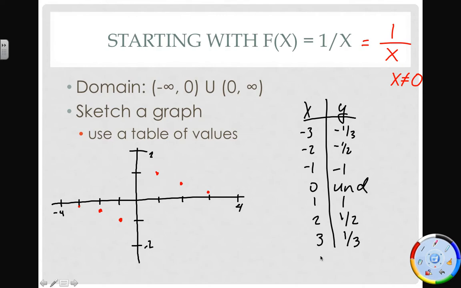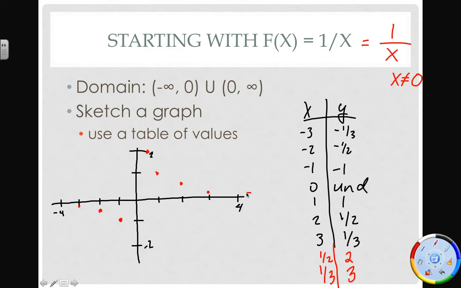Likewise, if I was to put in x equals, let's say 1/2, extend this table down a little bit. When I plug in 1/2, 1 divided by 1/2 is 2. If I did 1/3, I get 3. So notice at 1/2, I get 2. At 1/3, I get 3. And again, there's no way for this to be 0 at x because we already defined the domain as not 0.